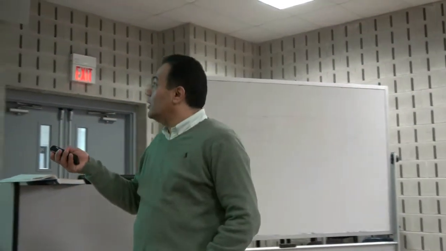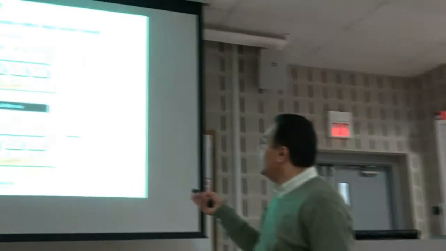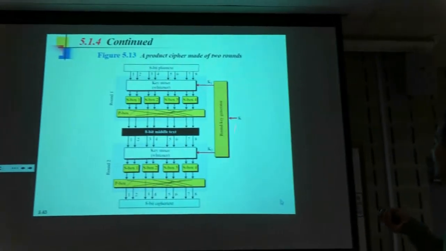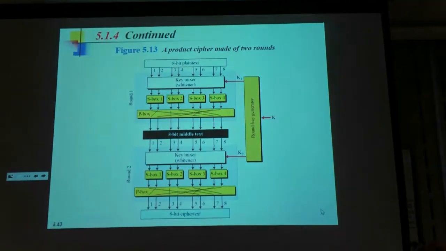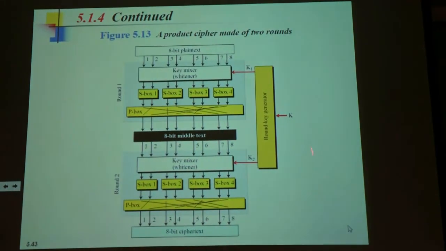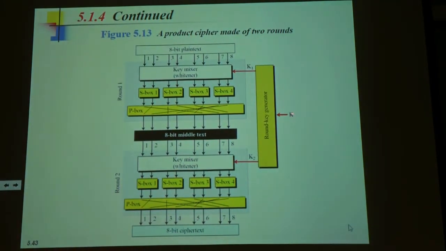So in here, it's gonna go to the whitener, which is the key mixer. So you're gonna have a key. Usually when you have a sender and receiver, you have 1 key. From this key, you're gonna generate many keys equal to the number of rounds, because every round will use a different key. But it's generated from where? From 1 key. Alright?